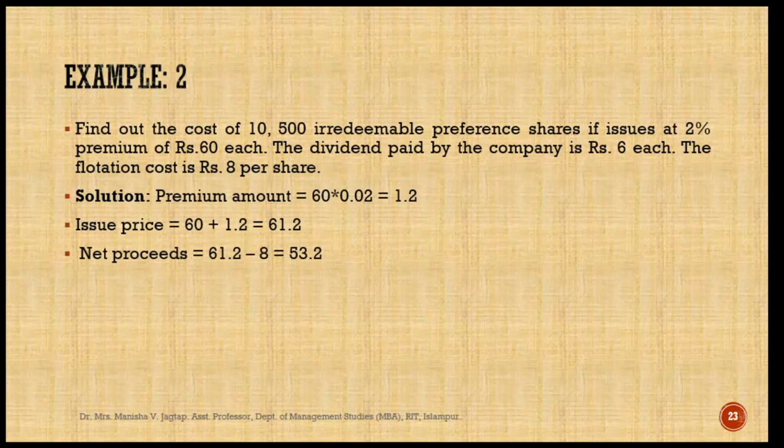So now net proceeds is 61.2 minus 8. What is this 8? This is the flotation cost incurred. So 53.2 is the net proceeds. Now by applying the formula, we get 11.27%, the cost of irredeemable preference shares.